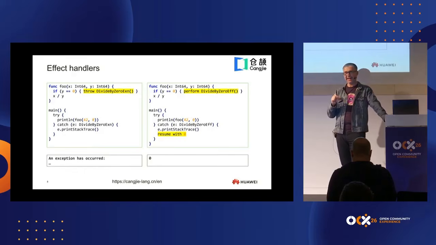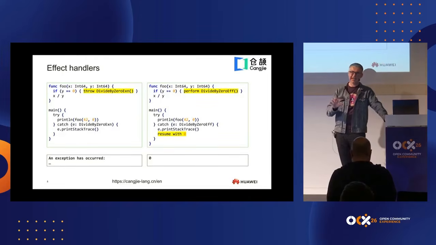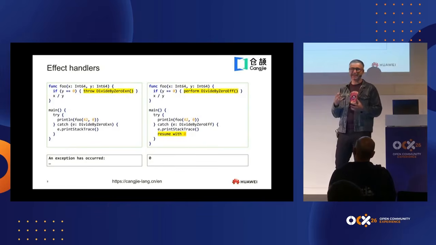People like to love them or hate them, but in fact they have some technical shortcomings that I'm not going to get into, and effect handlers were intended as a way to overcome the limitations of monads.